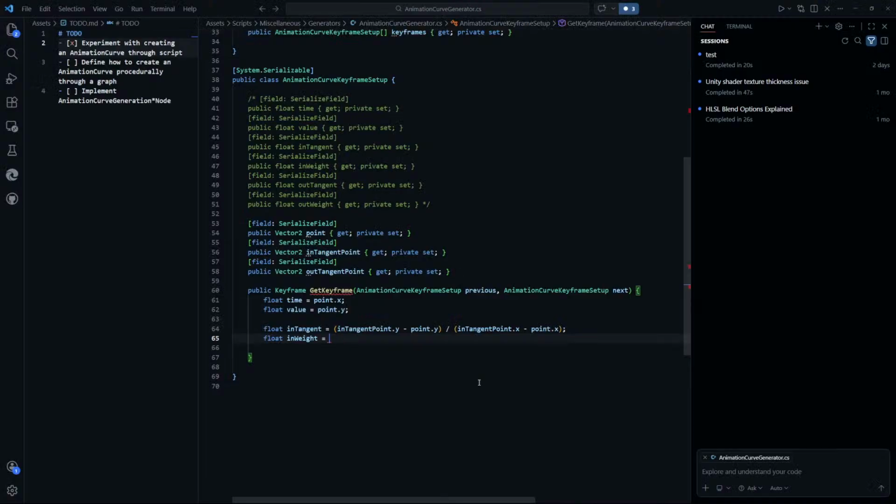So in weight is in tangent point dot x minus point x divided by previous point x minus point x, but isn't it the other way around? Oops.